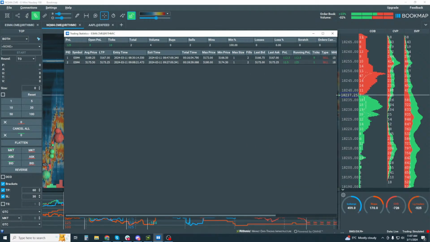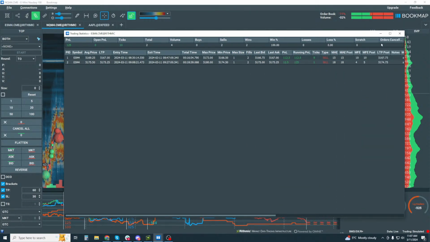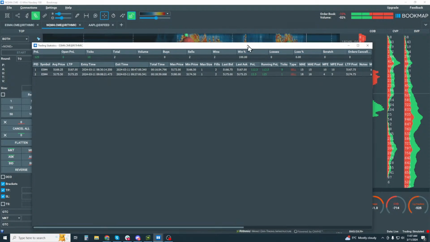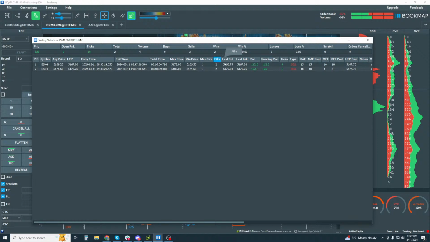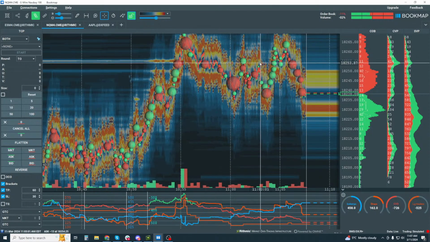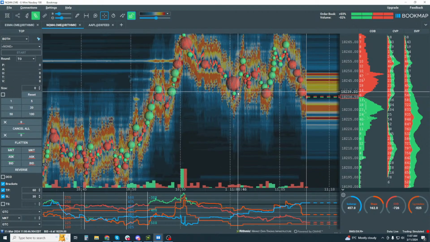Yeah, just two, as you can see, right? So the top line here gives you overall statistics, and then you have each one in here. Now you have to have this open. You can reduce it or minimize it, but you need to have it open in order to collect that data.